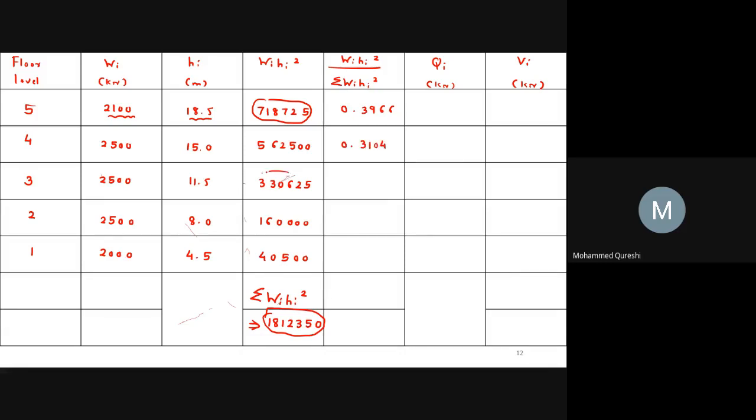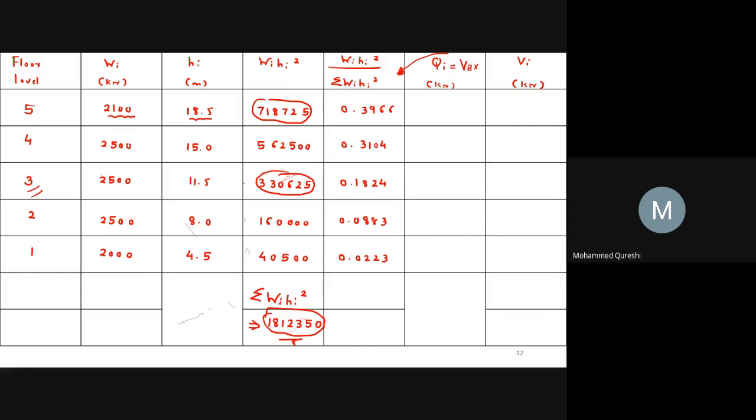You have to put the value of Wi Hi square for a particular floor, and you have to divide this value with 1812350. So you will get the corresponding values 0.1824, 0.0883, 0.0223, and Qi is nothing but VB into this column, Wi Hi square upon summation of Wi Hi square.